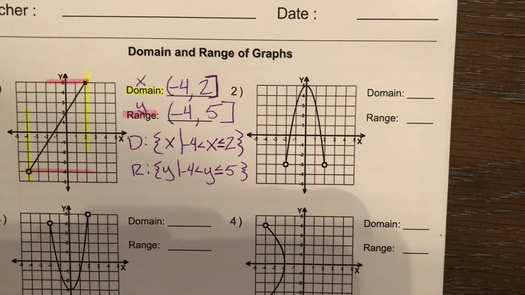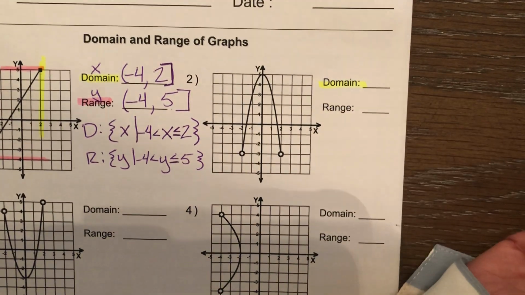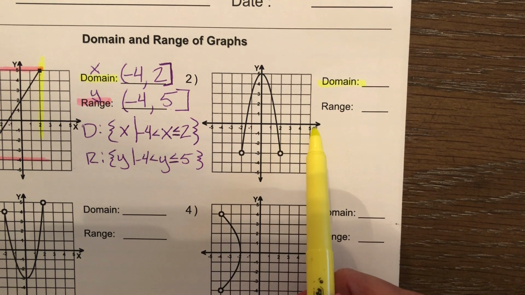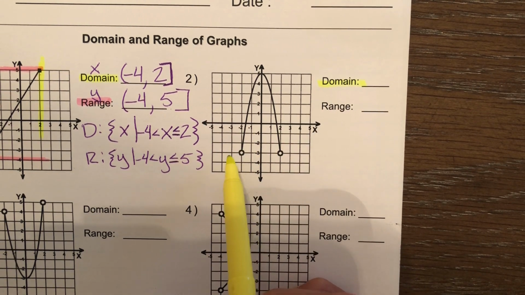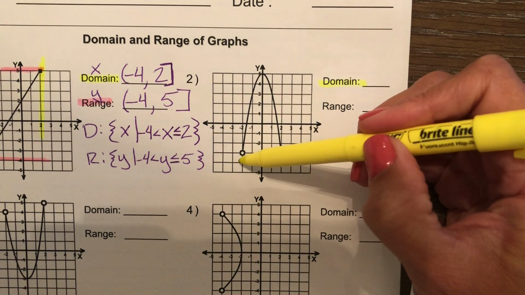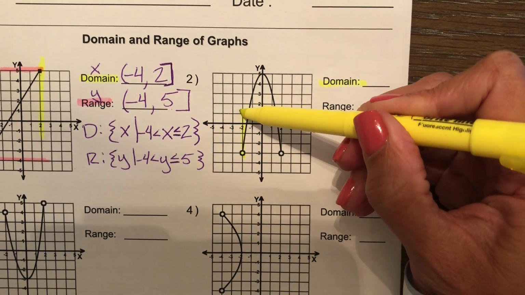Let's do another one. All right, number 2. Domain. Domain is x values. I'm looking at the x-axis, so I'm looking at my graph. Where's the furthest the graph goes to the left? Right here. And what is the x value there? Follow it up.